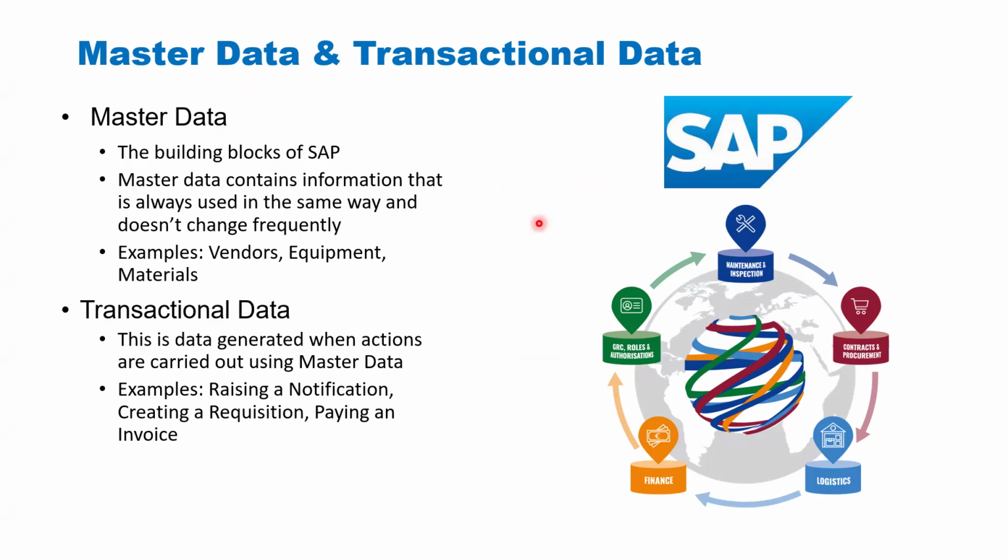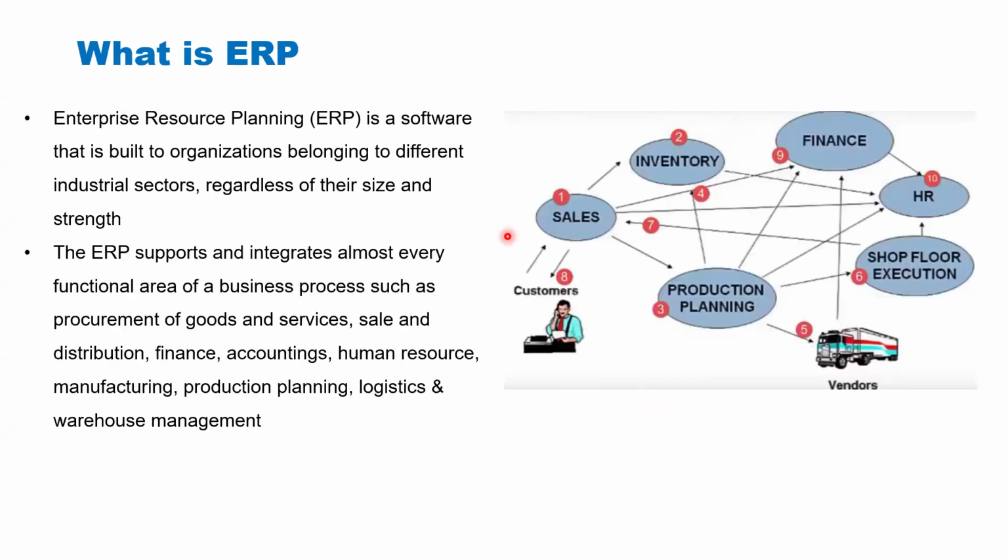Now, it says here that it's the building blocks of SAP. So I will go back to that slide again. Here, for example, you see this customer is what we call master data in SAP. The way I refer to it, they're like objects, like nouns, right?